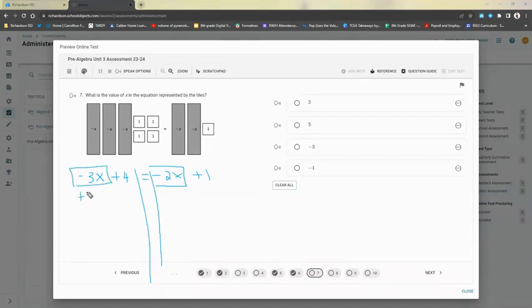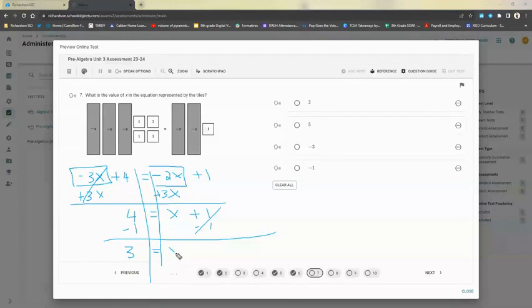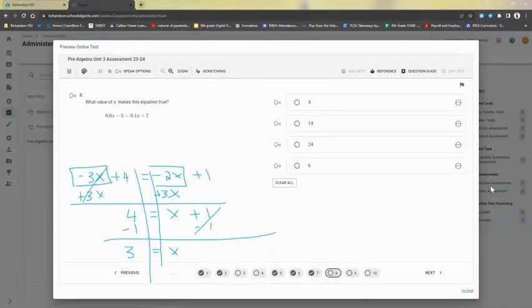And then I add 3x to both sides. 4 equals x plus 1. Subtract 1 from both sides. And 3 equals x. So this is all about learning how to solve an equation, most of this test.